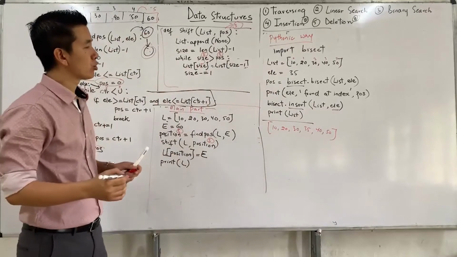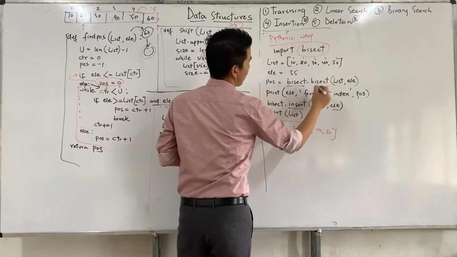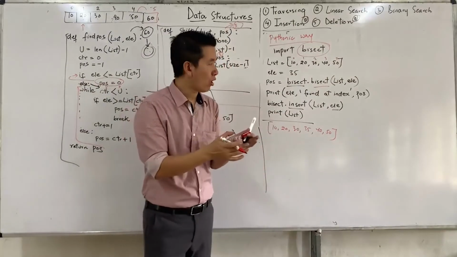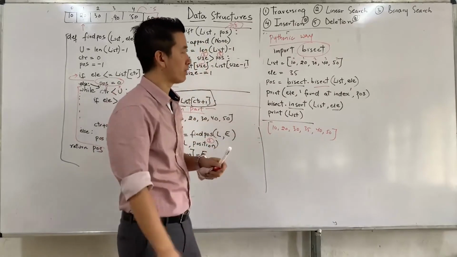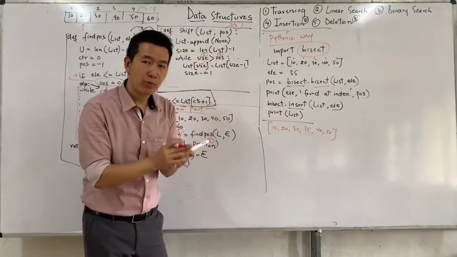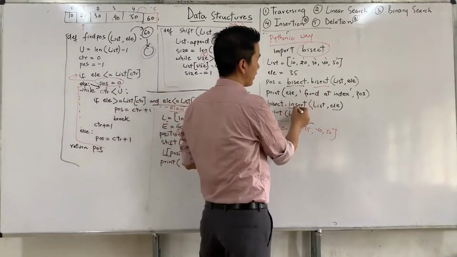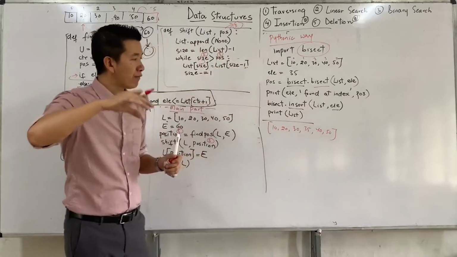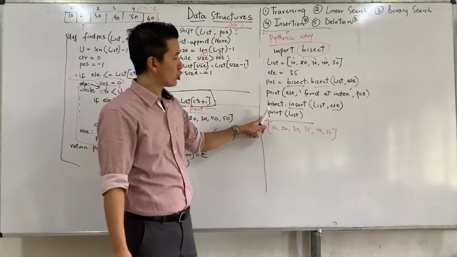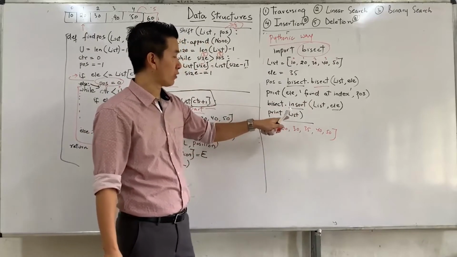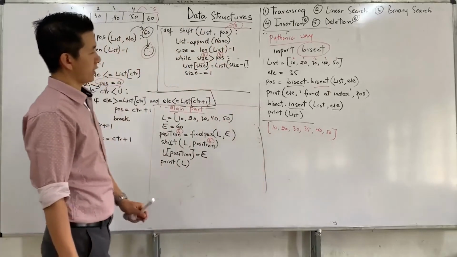So the key things to be noted: this is the module, and this is one of the functions which will return the index of the element, the appropriate position of the element to be inserted. Then insort will eventually insert the new element at its appropriate position, and then you could check the final status of the list. It will be 10, 20, 30, 35, 40, and 50.